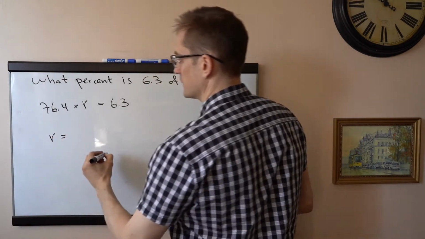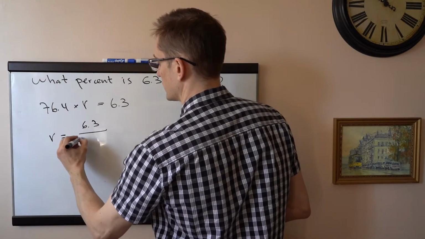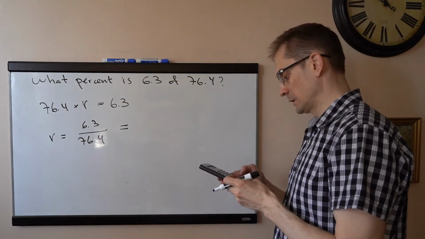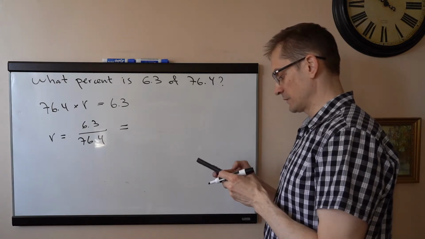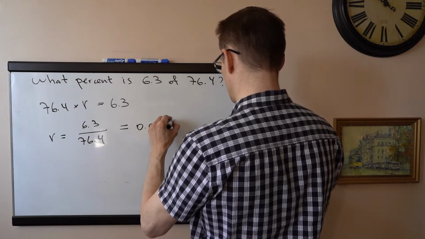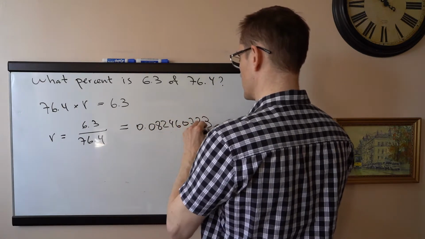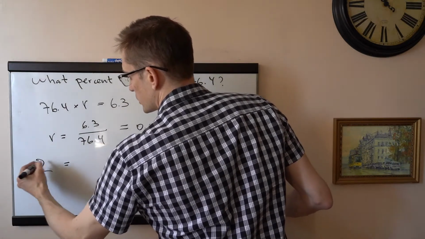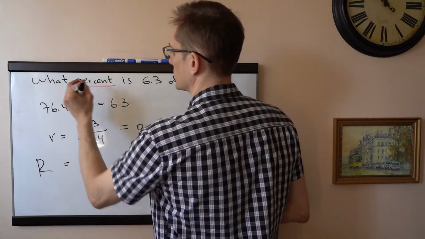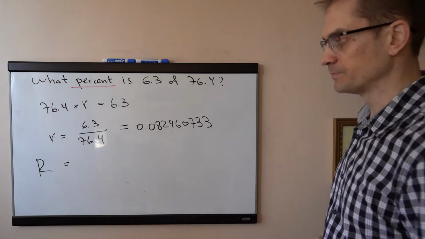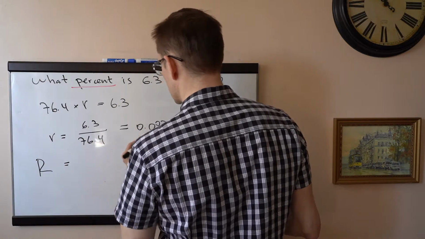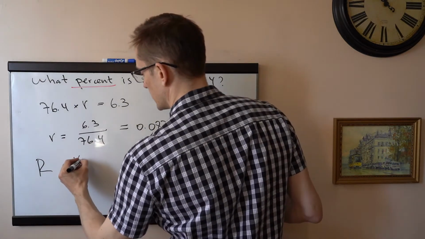So R is 6.3 divided by 76.4. 6.3 divided by 76.4. So you have 0.082460733. R big, which is actual percent, because look, in this problem we're asked for percent, right? And R big is taking this rate per one and multiplying by 100.